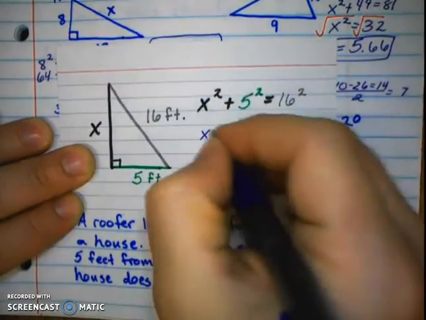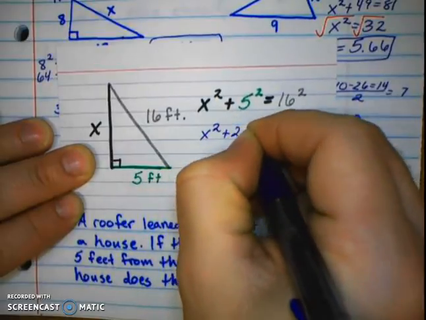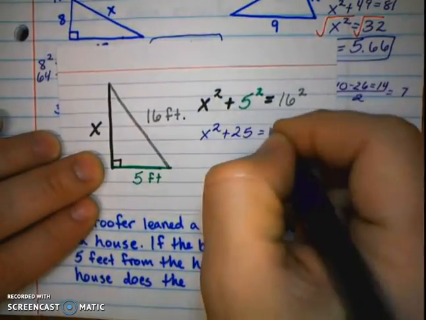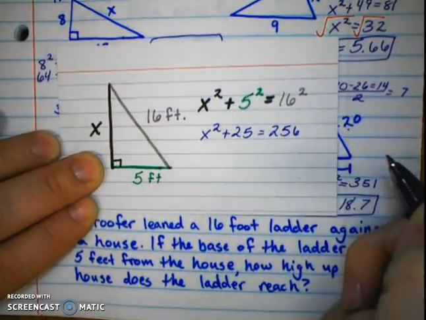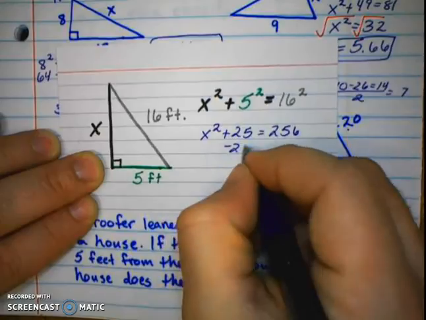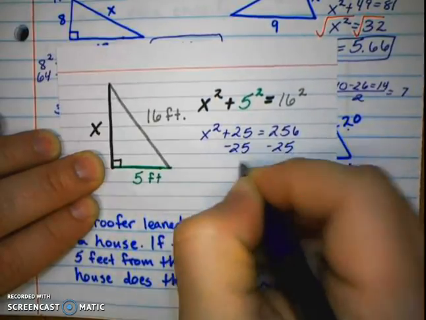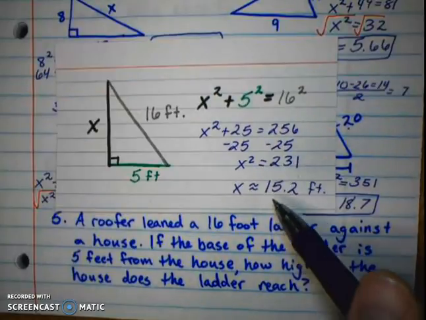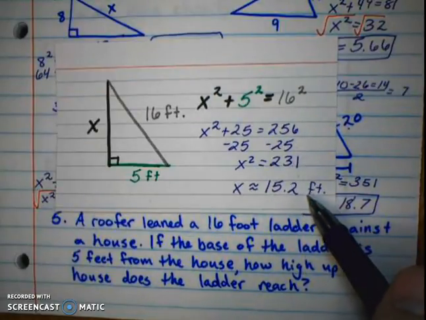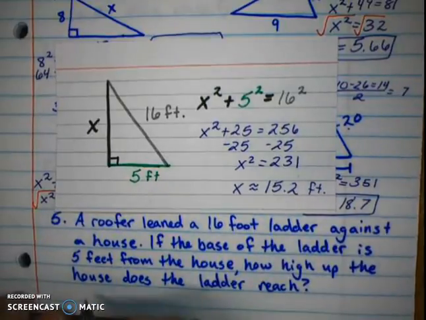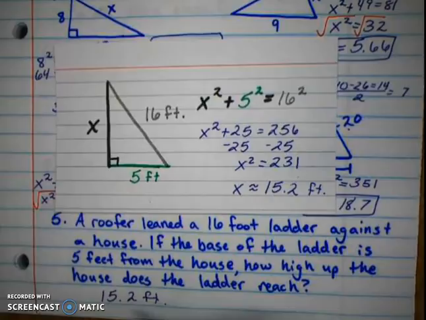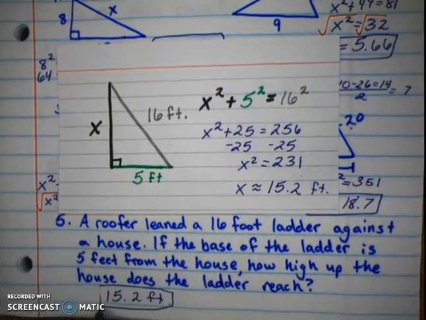And so when we start to simplify this, we can continue to solve. We get that x ends up being 15.2 feet. So to answer the question, the ladder reaches about 15 feet up on the house, or 15.2 is more accurate.